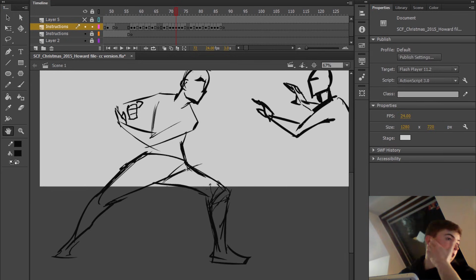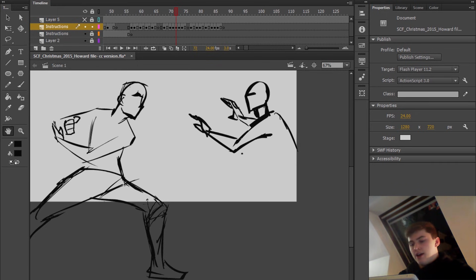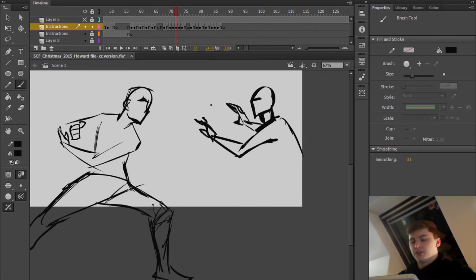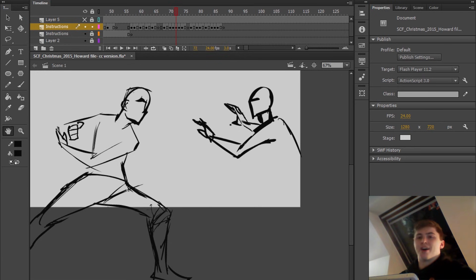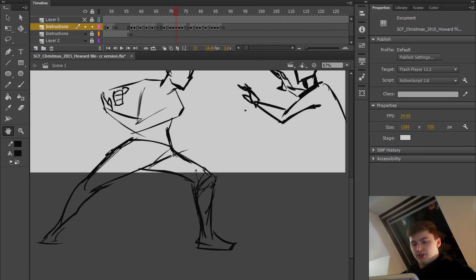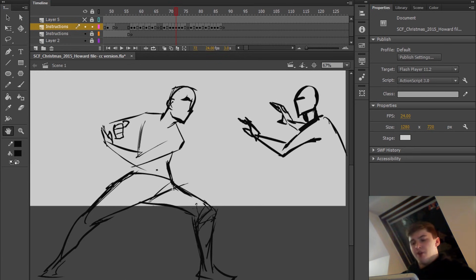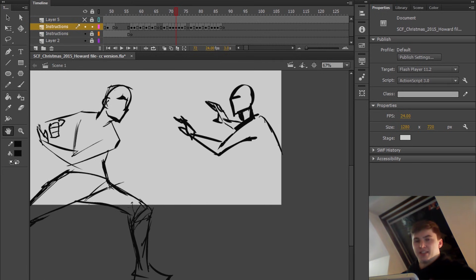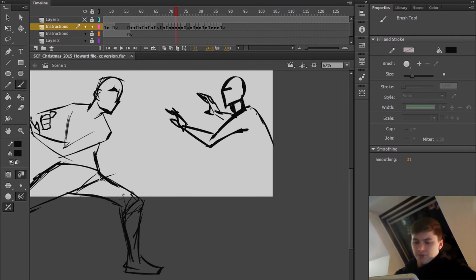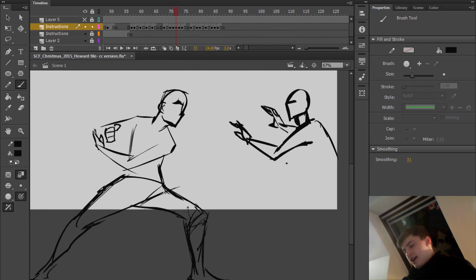And also, if you're learning how to animate, generally this one is a good one for doing all your animation exercises in, because that way you have less to think about, because it's easier to draw them from this angle. You can think about the physics and stuff, and you don't have to take into consideration things like perspective as much. Those are some of the reasons I can think of.